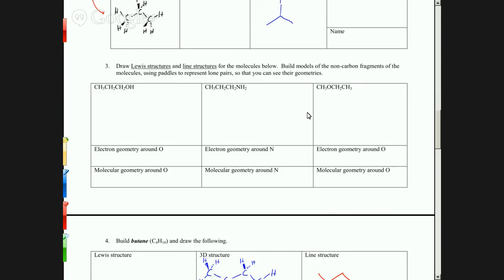That last one is different though. There.